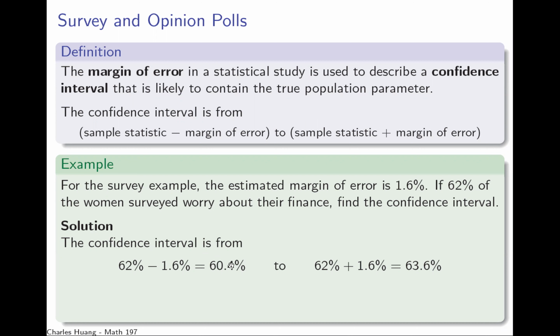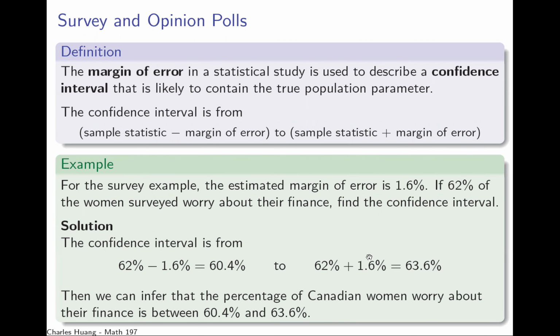Somewhere between 60.4, which is 62 minus my margin of error, all the way up to 62 plus my margin of error, 63.6%. And we call this the confidence interval. We know that the proportion of Canadian women that worry about their finance is somewhere between 60.4 and 63.6%.